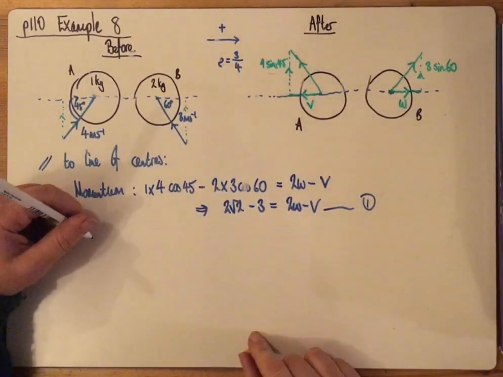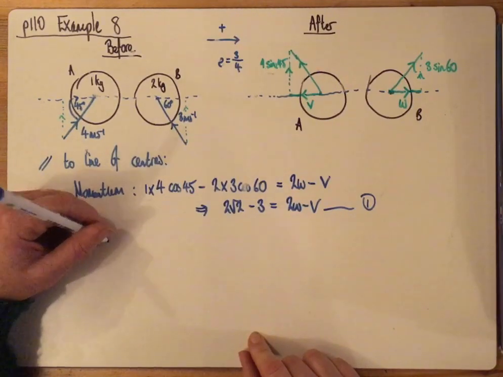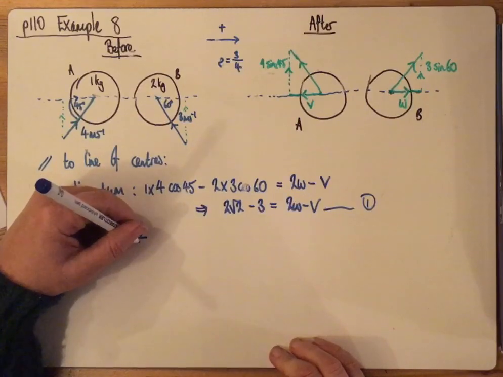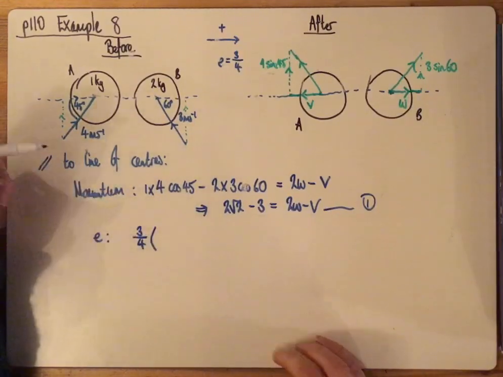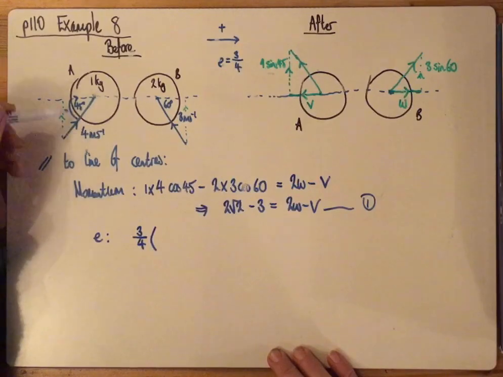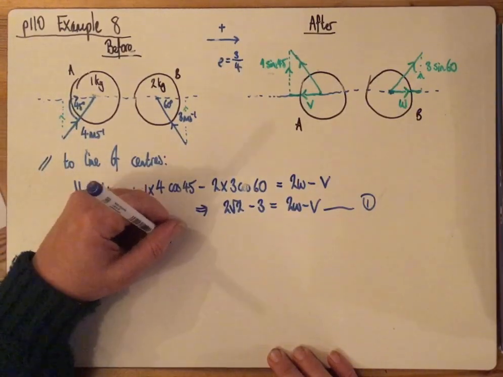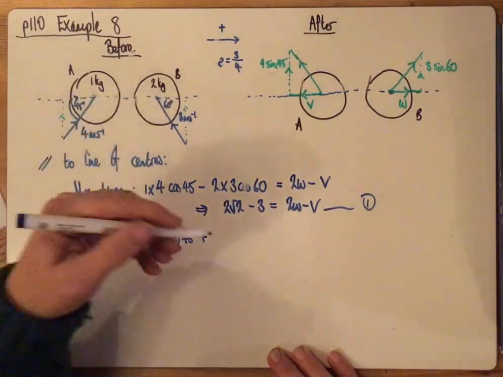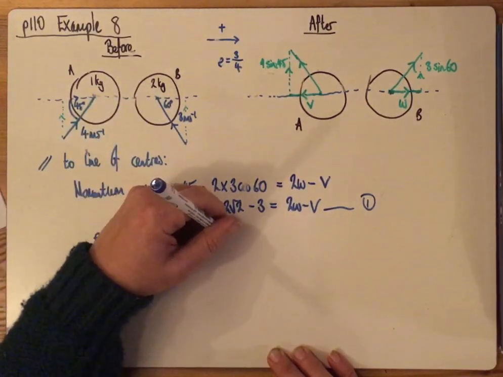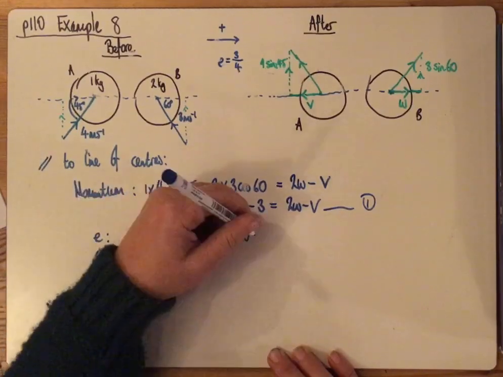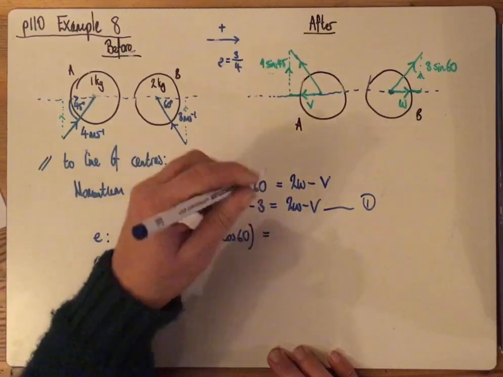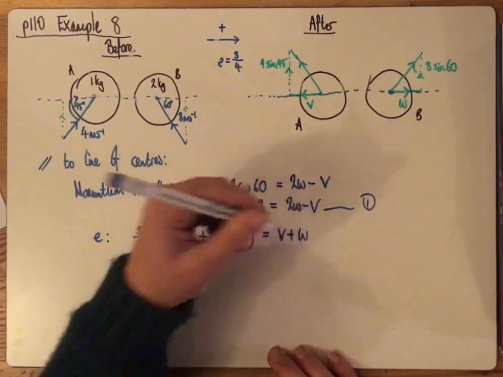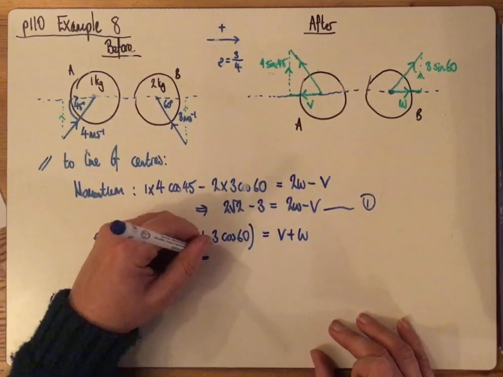And then using restitution, so that E times the approach speed, which we're dealing with speed now, remember, so it's 4 cos 45 plus 3 cos 60, is equal to the separation speed, which is going to be V plus W. And that gives you the second equation.